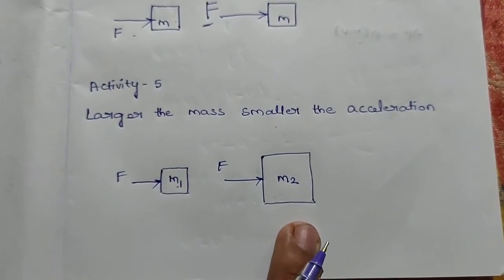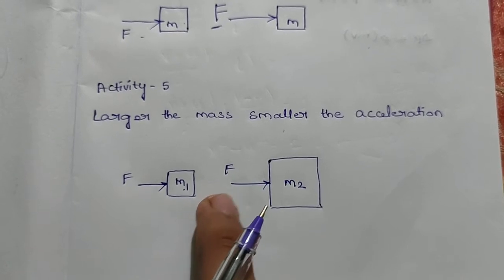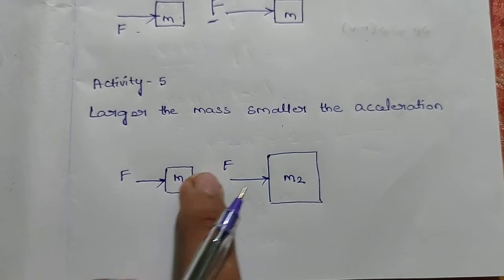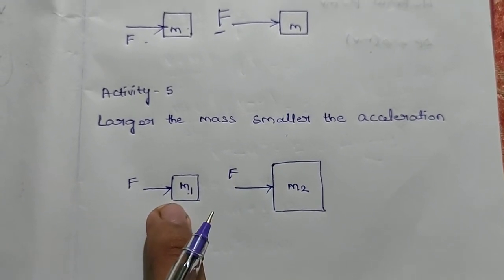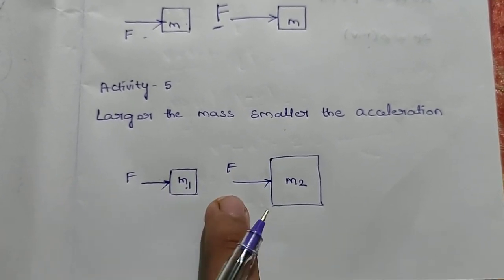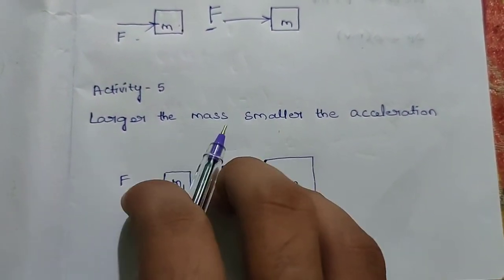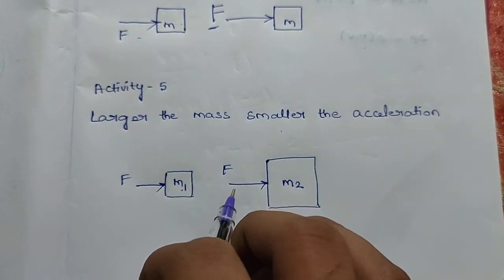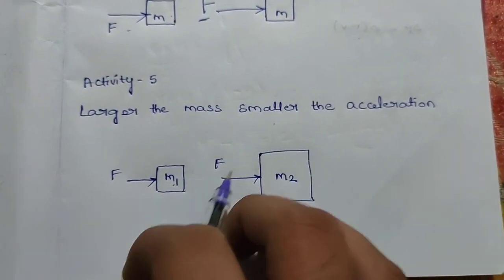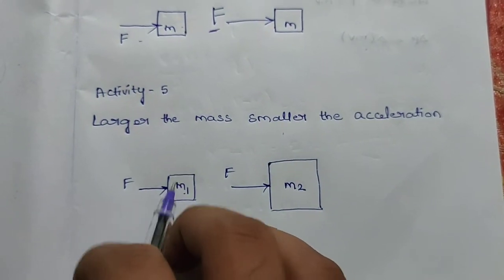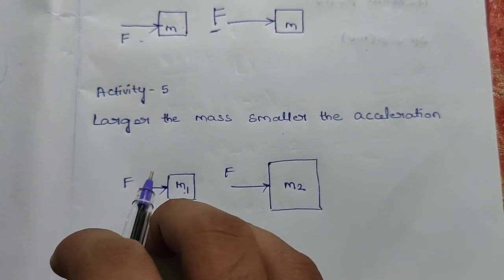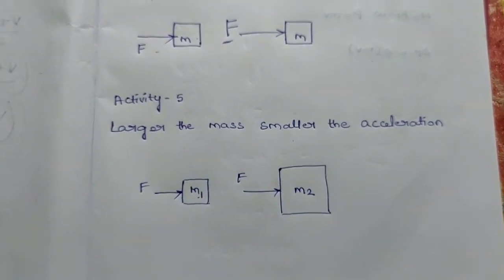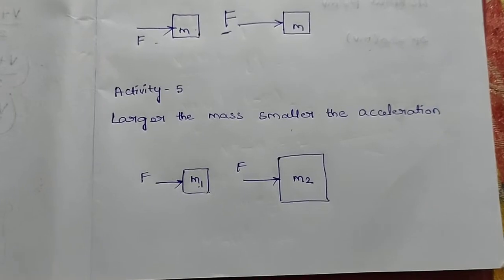In this condition, the heavier box will not move with this force, while the less weighted box will move. So the larger the mass, the smaller the acceleration, or the smaller the mass, the larger the acceleration. So this is about Newton's second law.